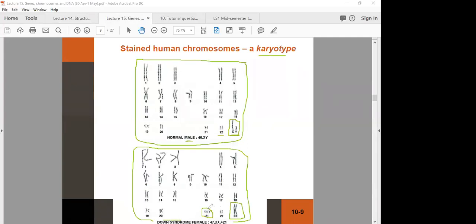In this case, it's not a mistake that is fatal to the developing embryo, but of course Down syndrome comes with a whole host of problems, heart problems and so on, intellectual disability, etc. All right, so that's a karyotype of human chromosomes.